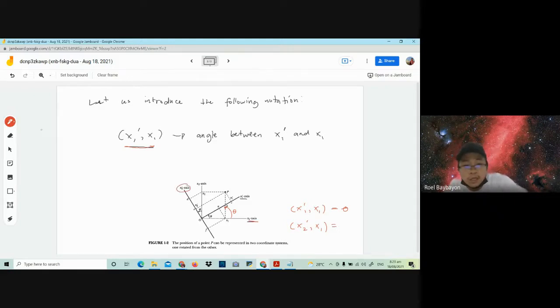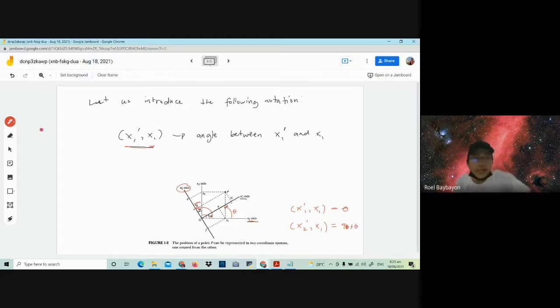The angle between x2 prime and x1 is 90 plus theta. Right? The angle between the x2 prime axis and x1 axis is 90, plus theta, so therefore it is 90 plus theta. It is easy: just take the figure and get the angle between the unprimed and primed coordinates, then you can solve for the angle.